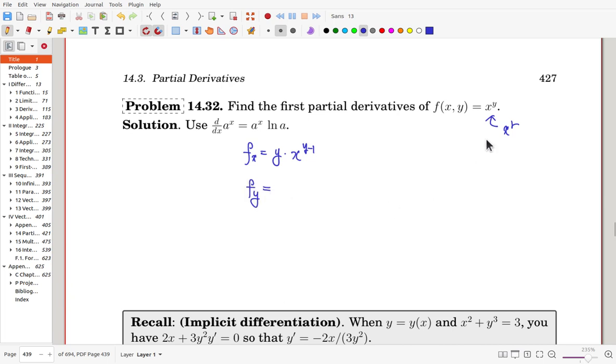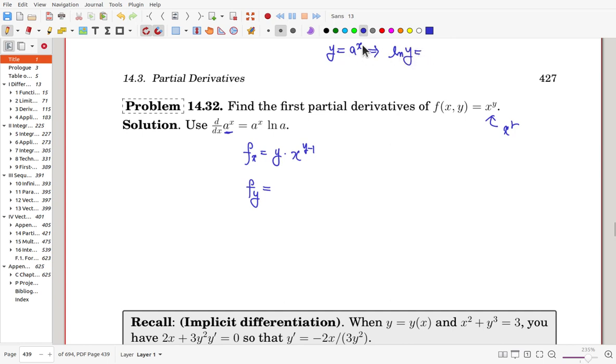If we consider this one as a function of y, then it is an exponential function. So that is a form of a to the x. For this derivative, we have the function times logarithm a. You got this formula from calculus 1 in this way. For example, y equals a to the x. Then from here, we take the logarithm.